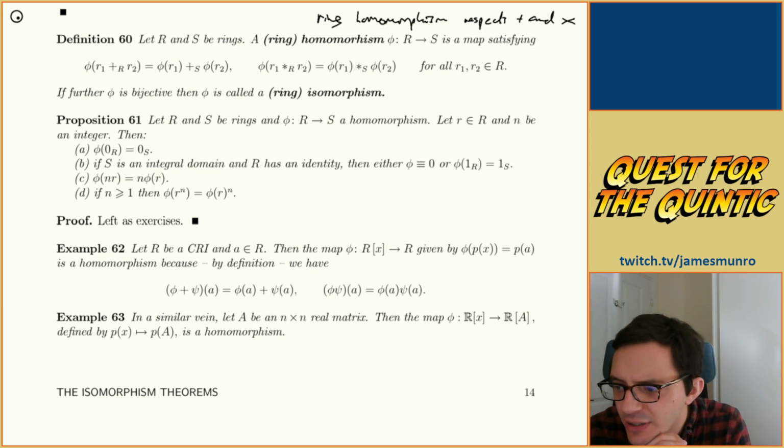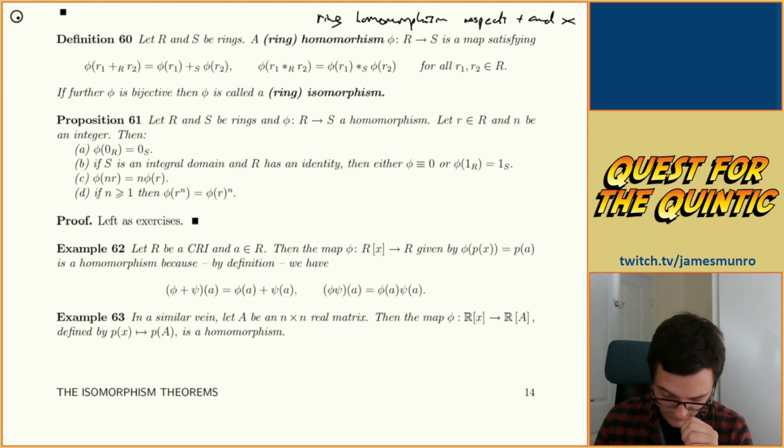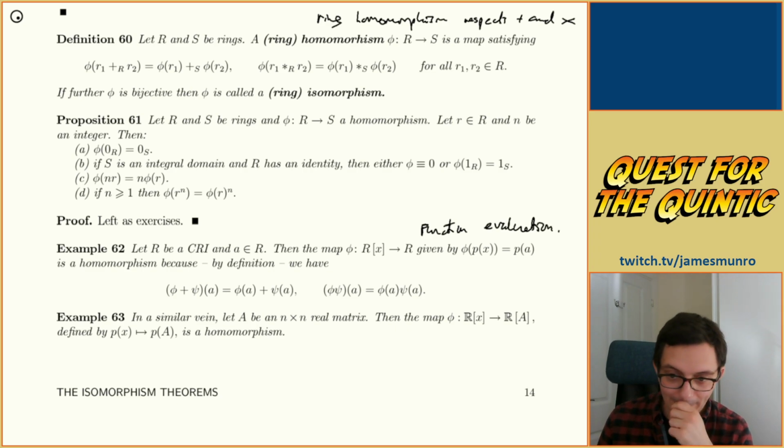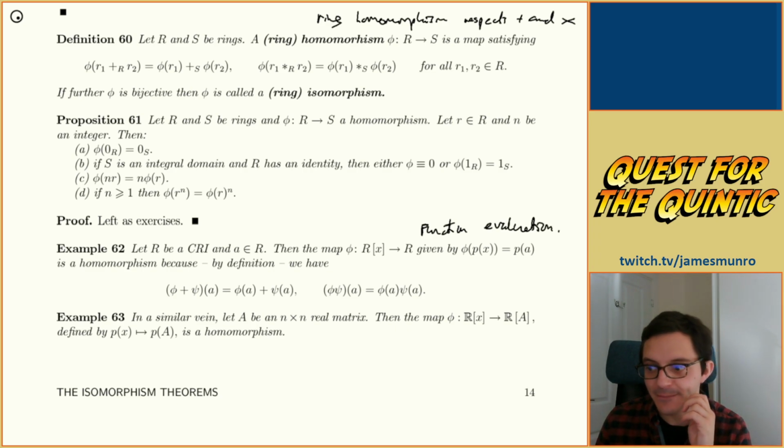The map given by, oh my goodness. That's p of x goes to p of a for some a in R. Fine. Okay, this is a function evaluation. That's a homomorphism.